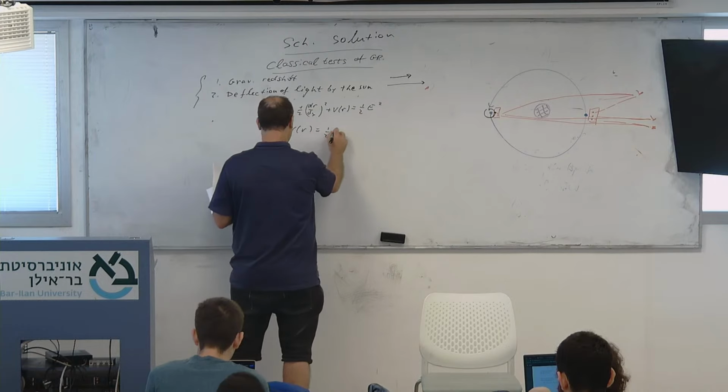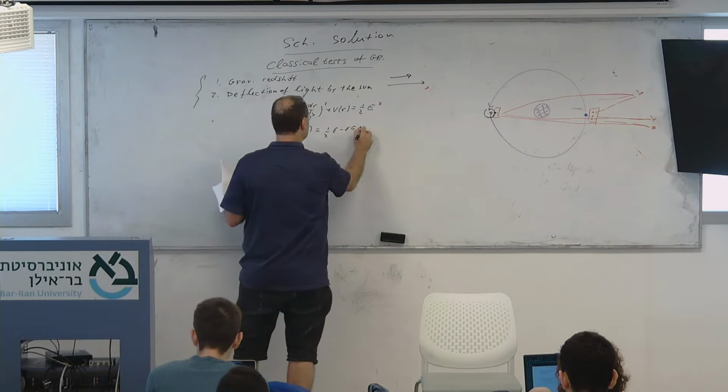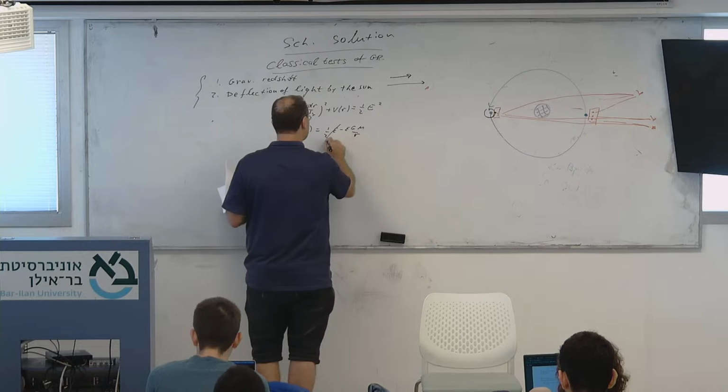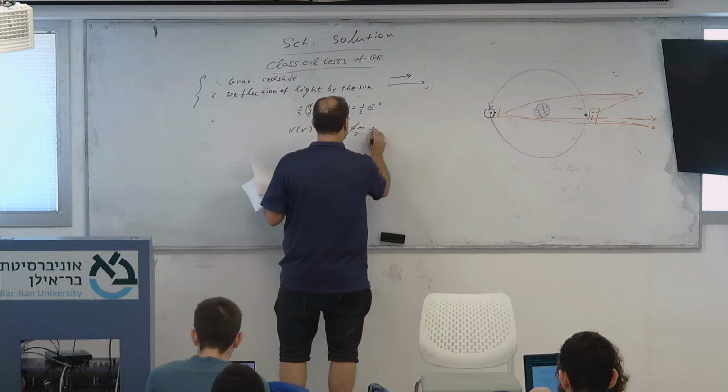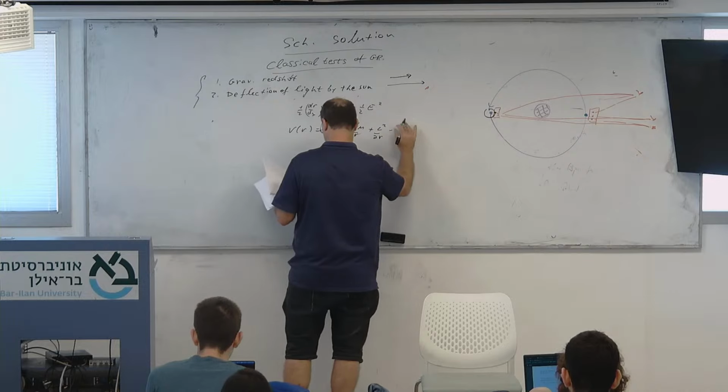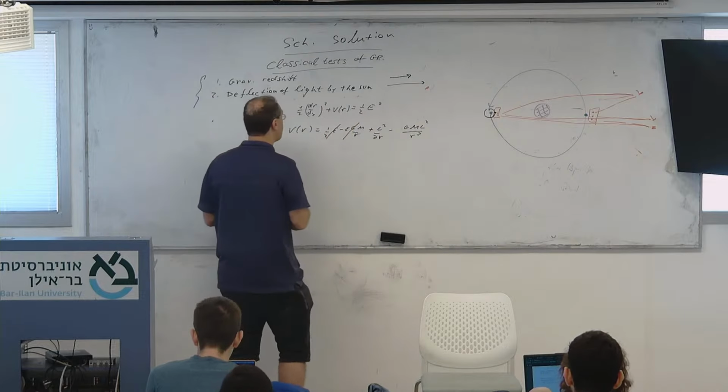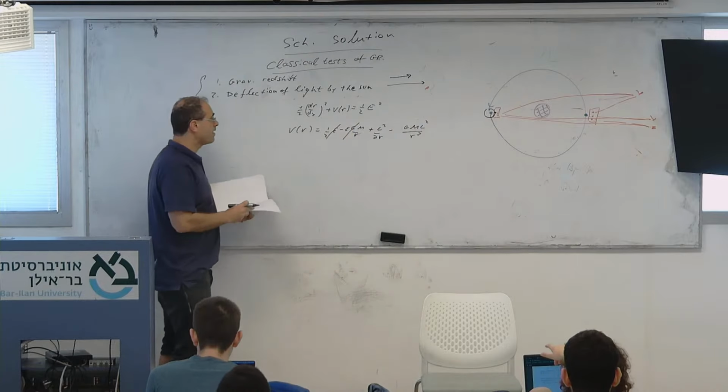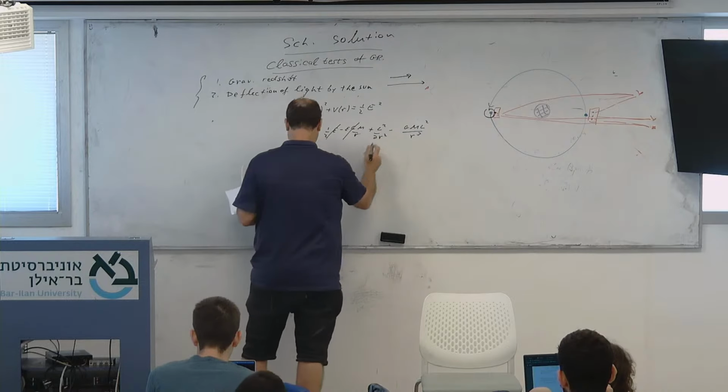We had half epsilon minus epsilon GM over r, but this is 0. Plus L² over 2r² minus GM L² over r³. Supposed to be r squared. R squared, of course.